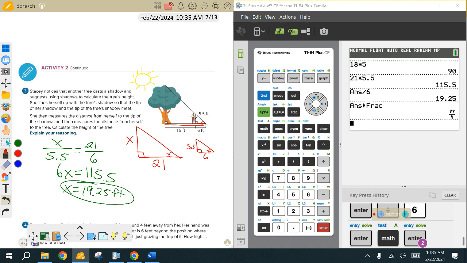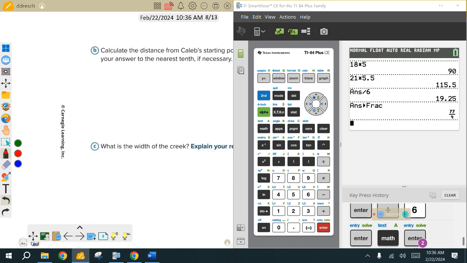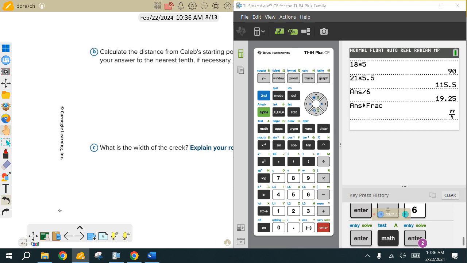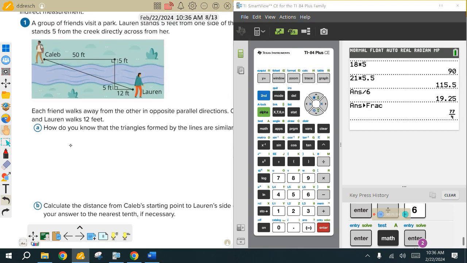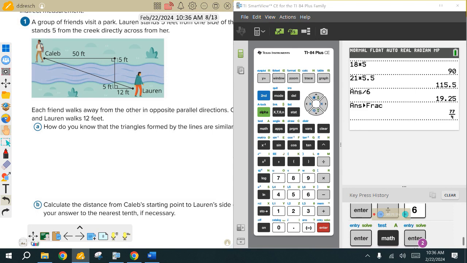All right. Let's do one more here today and we'll call it. We're going to do the next page. On the next page, take a look at that river, that creek. Take a minute, read through what's going on with that creek problem. Caleb and somebody else, I think. Read about Caleb and Lauren.